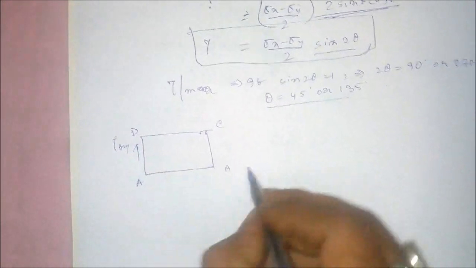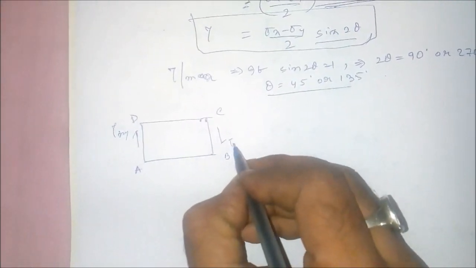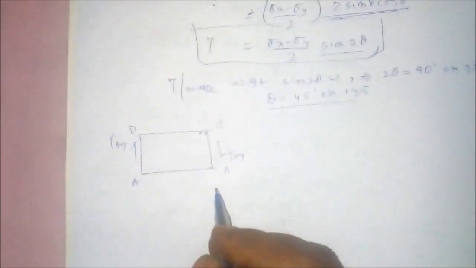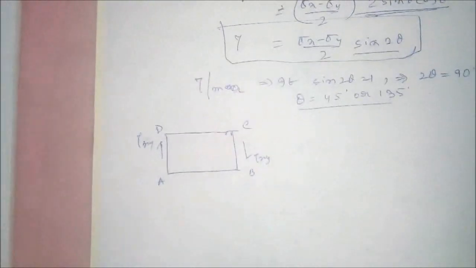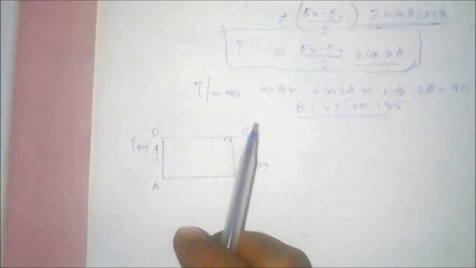We all know what is shear force. So tau xy is acting on planes ED and BC.